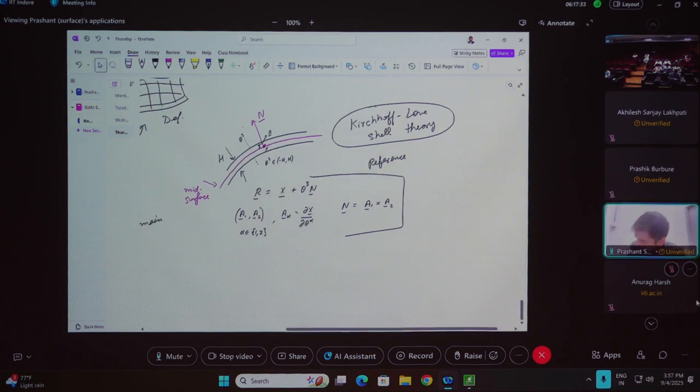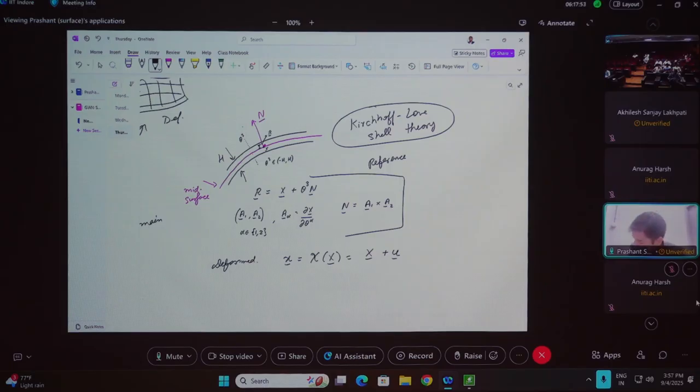So essentially, when you have a deformed configuration, the mid surface is basically given by a deformation function or a displacement. Both of them are equivalent ways of writing that.